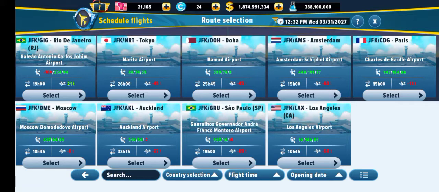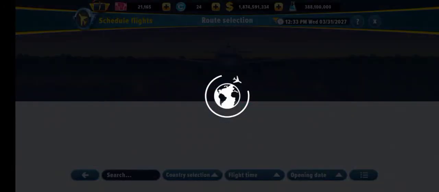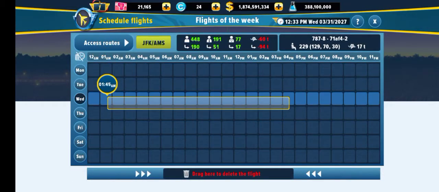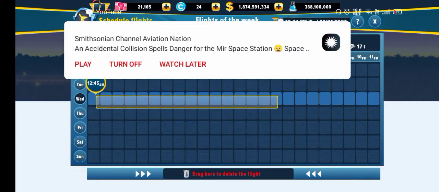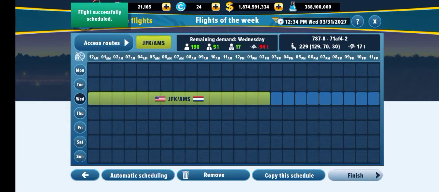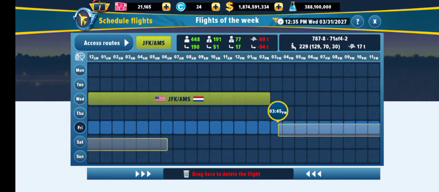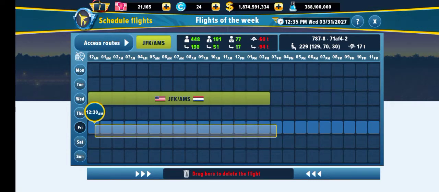But what I would say for now is to try and schedule the aircraft to go to either Amsterdam or Doha. So let's first try Amsterdam. Now, as you can see, I can put a flight here and a flight on Friday.